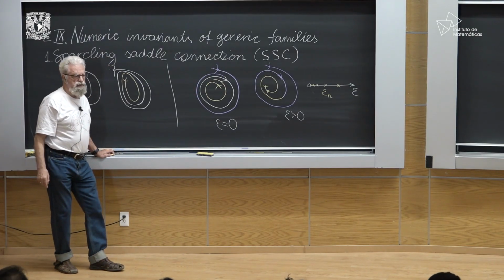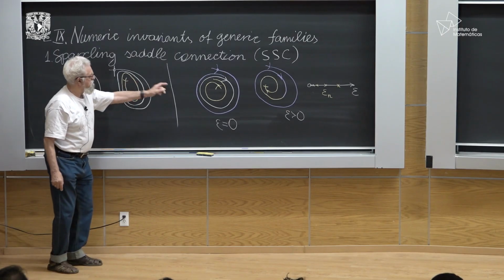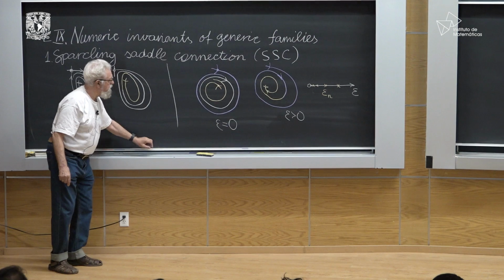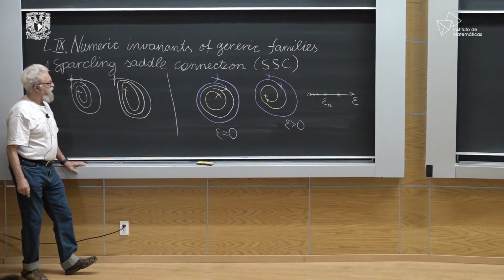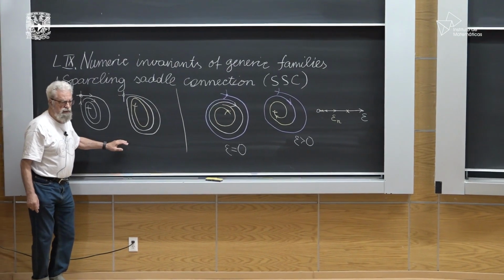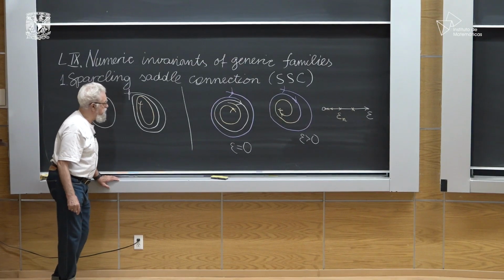There will be a sequence of parameter values that tends to 0 and corresponds to sparkling saddle connections. So this is what I wanted to say about sparkling saddle connections.